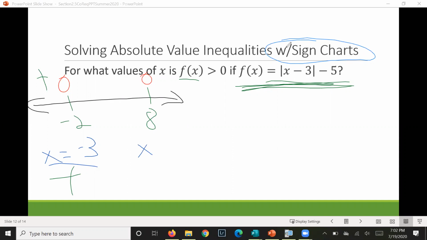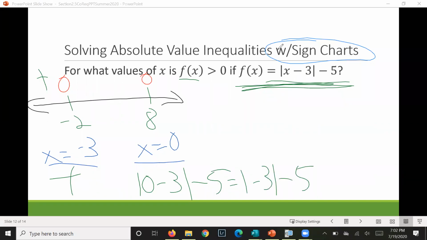Next, what we're going to do is pick a value between negative 2 and 8. Luckily, there's a really nice value in between the two of those, and that would be 0. So we'll plug in 0 here. I have absolute value of 0 minus 3 minus 5, which becomes absolute value of negative 3 minus 5, which becomes 3 minus 5 equals negative 2. Notice in this case, we got a negative value.